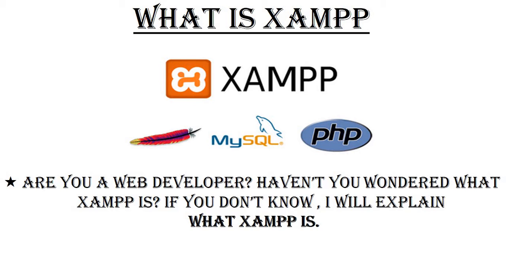When moving on to explaining Xampp and its full form and what it stands for, let me continue. X stands for cross-platform, A for Apache Server, M for MariaDB, P for PHP and P for Perl.